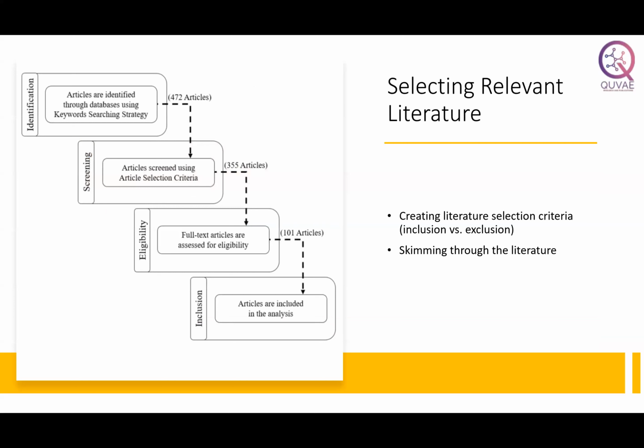Once you have searched using the search string, it's time for you to select the relevant literature. In this phase, basically you need to find the primary studies that you need to assess for the actual data or the actual literature.